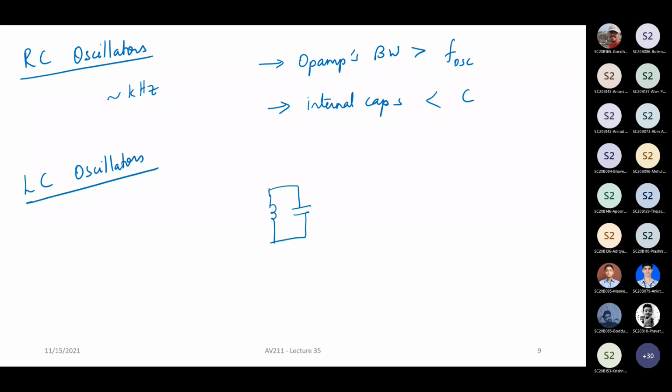I can sit and teach about LC networks and RLC networks here, but since you will be spending time in the network analysis class looking at the quality factor of tuned networks and the series RLC, parallel RLC, the frequency response, you still haven't done that, right?